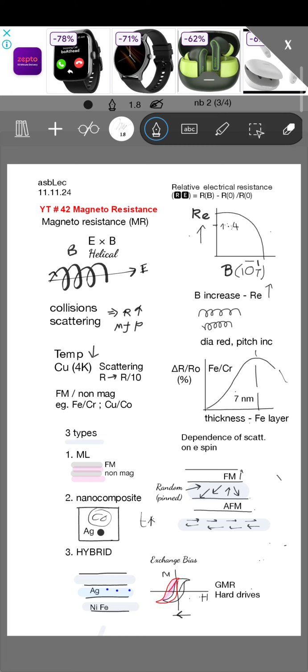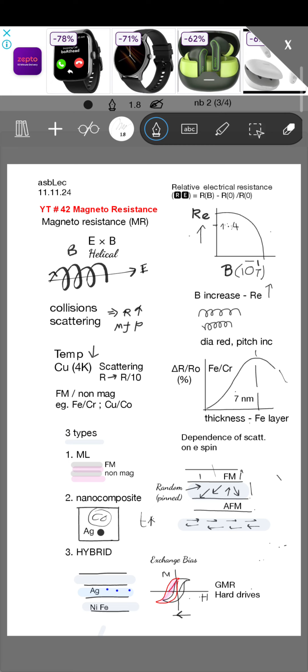For that we need to look closely at the interface region. That means you have a ferromagnetic layer above, an antiferromagnetic layer below, and there is an interface region. Even if the interface region is present where the spins are random, whenever a magnetic field is applied, the spins close to the ferromagnetic region start to behave as if they are ferromagnetic.